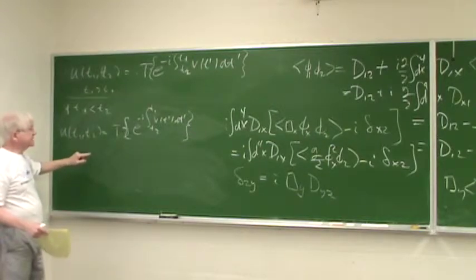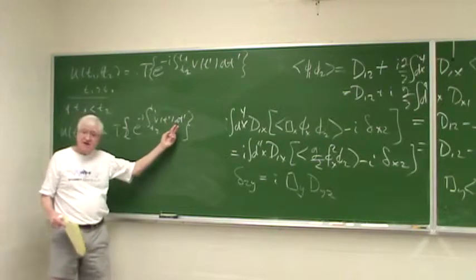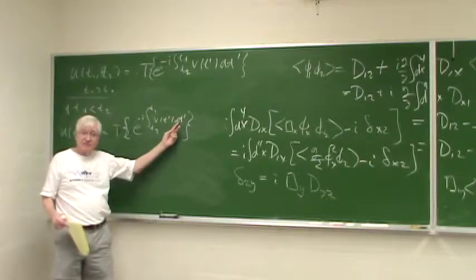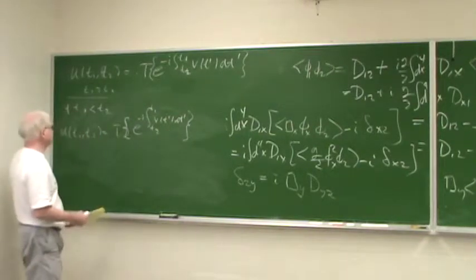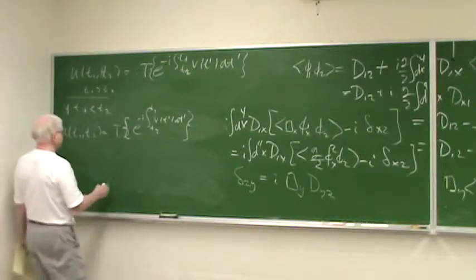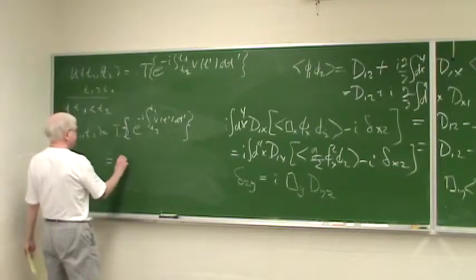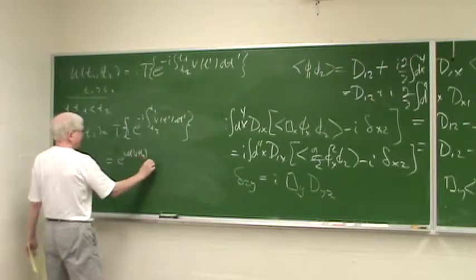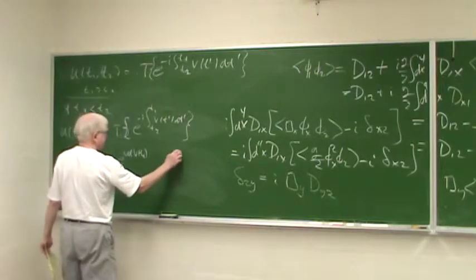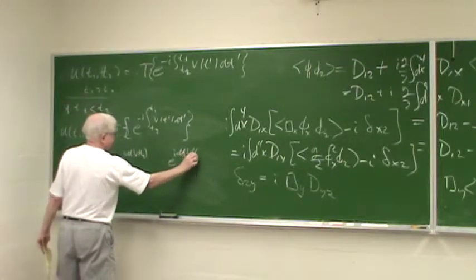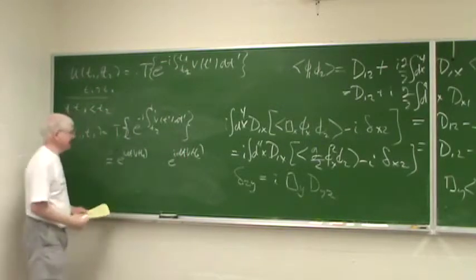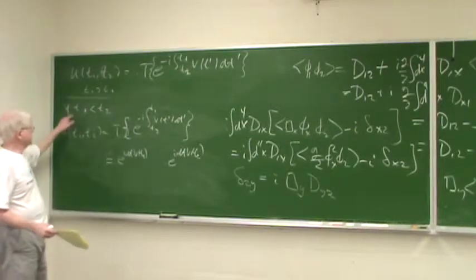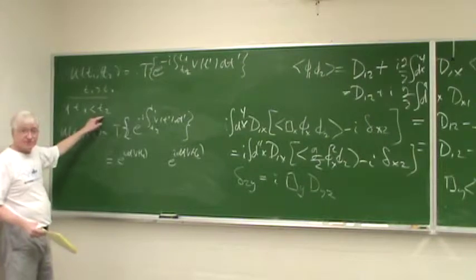But in that case, the dt is negative. So what he gets here is e to the i dt V of t1 dot dot dot e to the i dt V of t2. This is for the case in which t1 is less than t2.